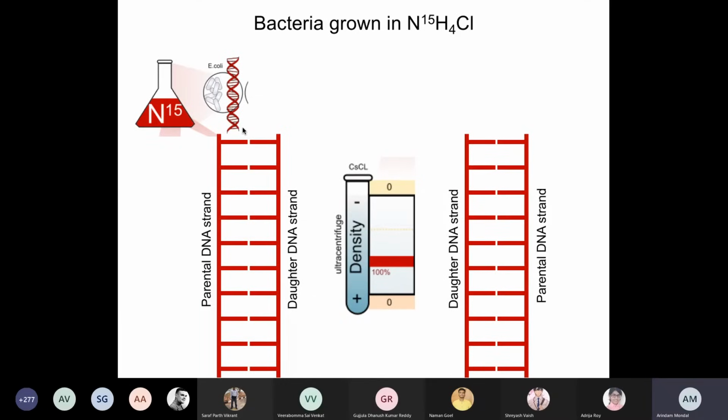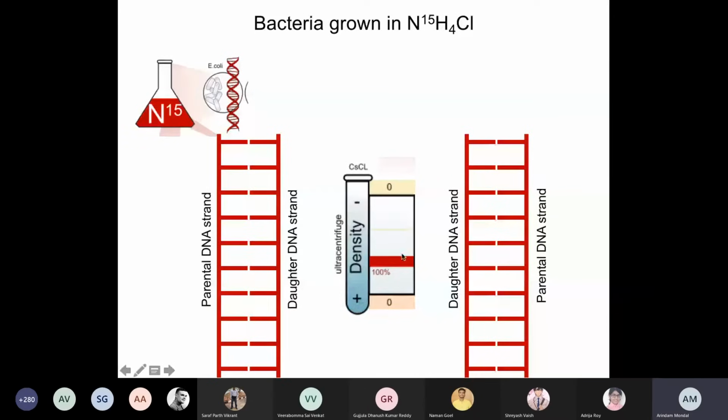You isolate the DNA and then you perform the centrifugation so that you will get a band for the DNA. So what should be the relative position of that band where all the DNA is N14 labeled? Should it be higher or lower than the N15 band? So it will be higher.